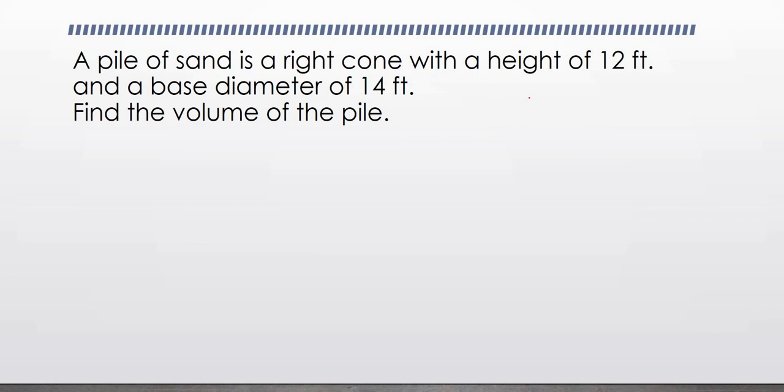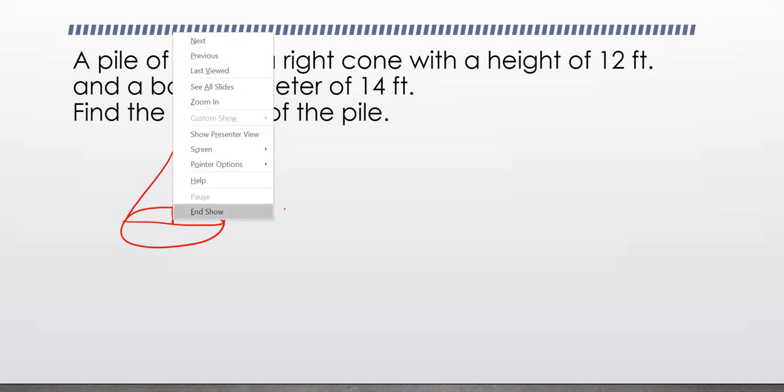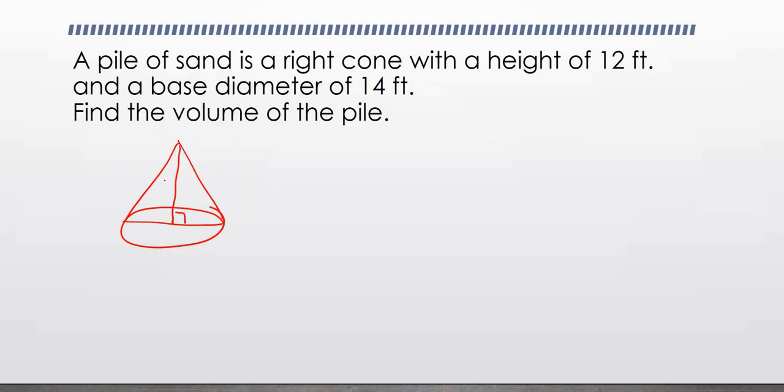Okay, a pile of sand is a right cone with a height of 12 feet. A right cone means that the height is perpendicular to the base. So that's a height of 12 feet, and the base diameter is 14, which means my radius is 7. So the volume is 1/3 the area of the base times the height.